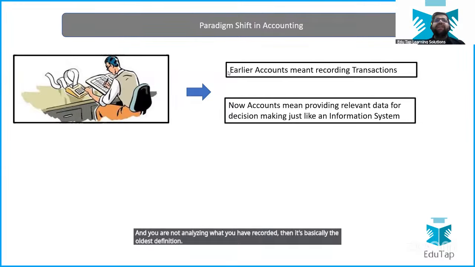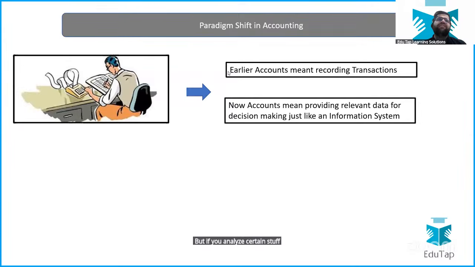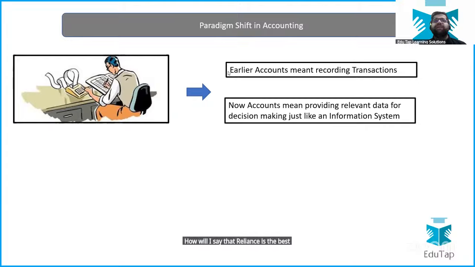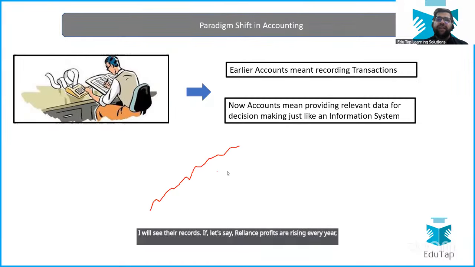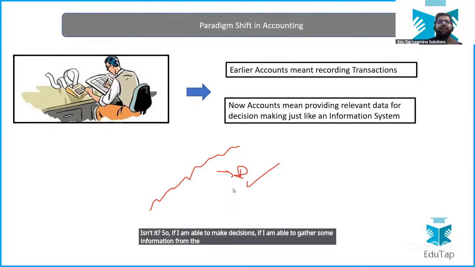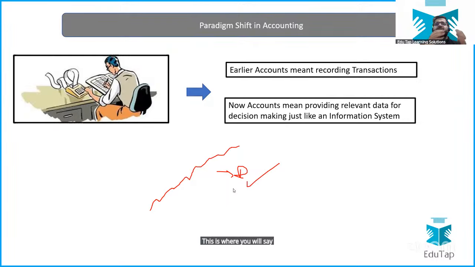But if you analyze, for example, how will I say that Reliance is doing good? How will I say that Reliance is the best company in India? I will see their records. If Reliance profits are rising every year, then definitely I will say that Reliance is a very good company, isn't it? So if I am able to make decisions, if I am able to gather some information from the recordings, this is where you will say that yes, the accounting definition is now moving ahead.